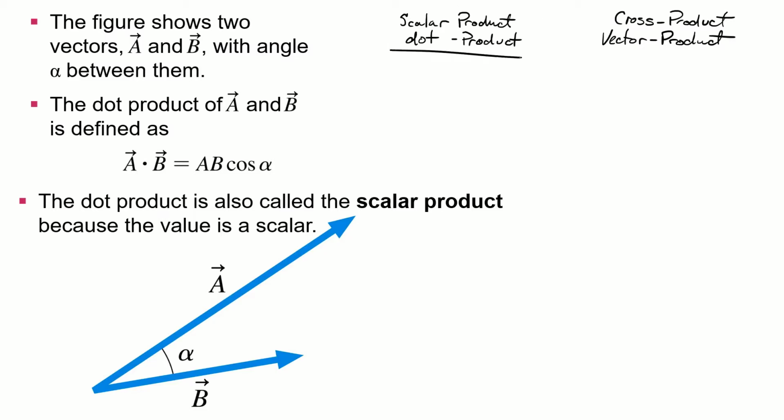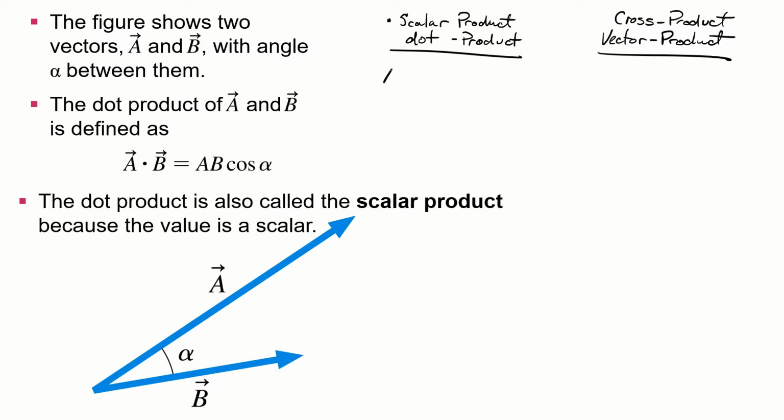Now, with the scalar product and the vector product, if you think about it, we have two vectors, A and B. If we multiply them together, we can think of getting two different types of results. One, we get a scalar, just a number that has some magnitude. If we do the other, we get a vector. That's the distinction between these two.